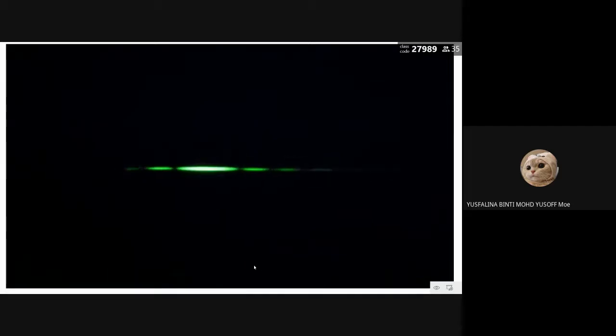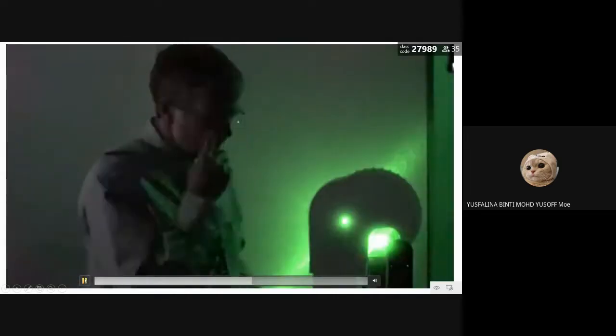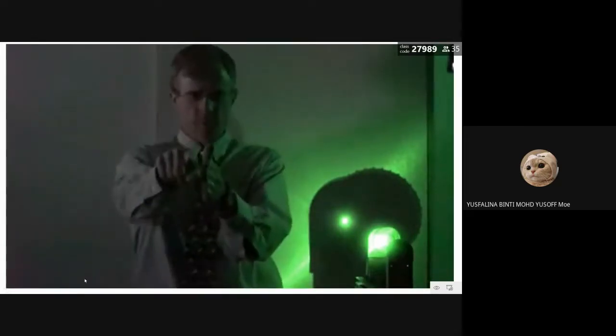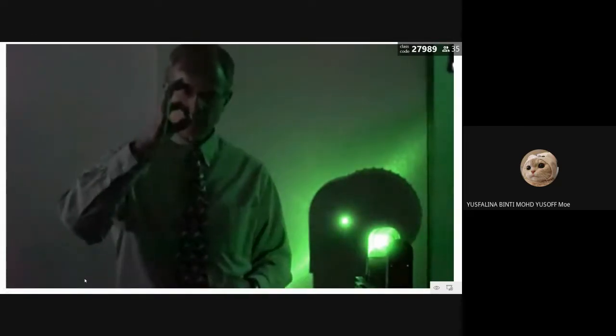We can also do the same with circular apertures. Okay, so if they use a circular aperture, what happened? They produce the bright fringe here at the center. Instead of being a slit through which the laser beam is pointed, this is a circular aperture.